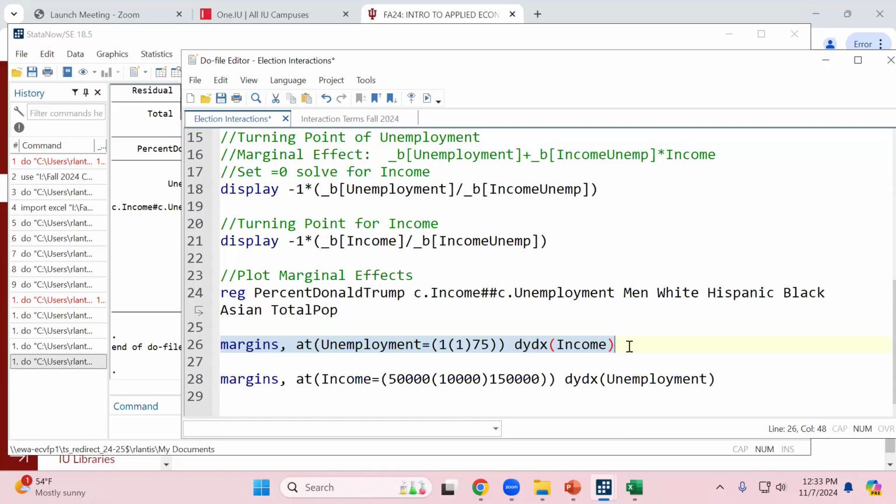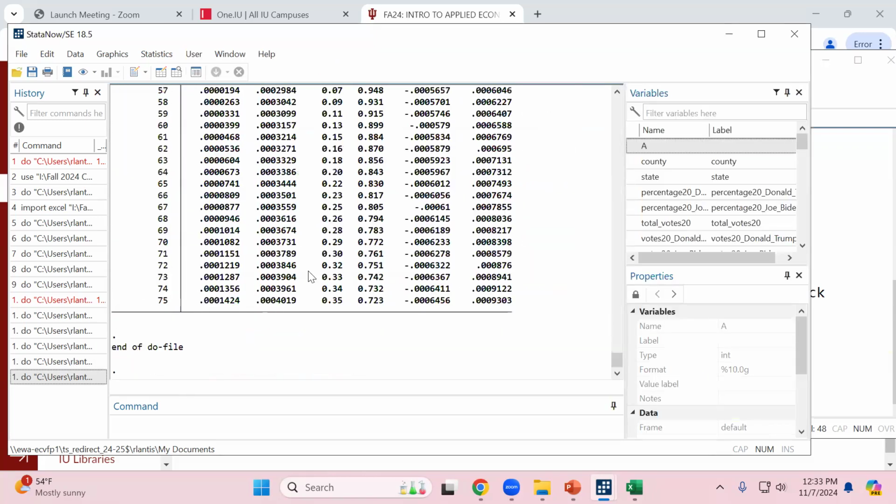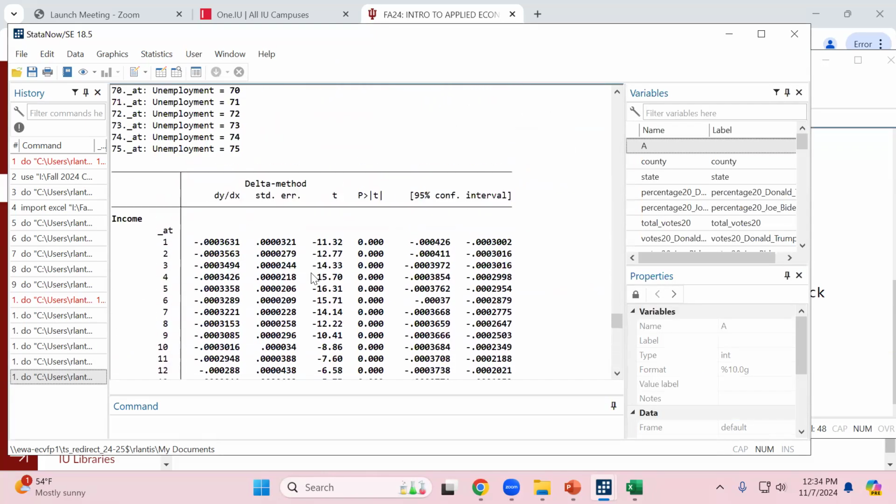Starting with an unemployment percent of 1, all the way up to 75. You'll see in a second why I chose to go so high. And do it in increments of 1. So if I run this after I run my regression, it does all the work behind the scenes for me.